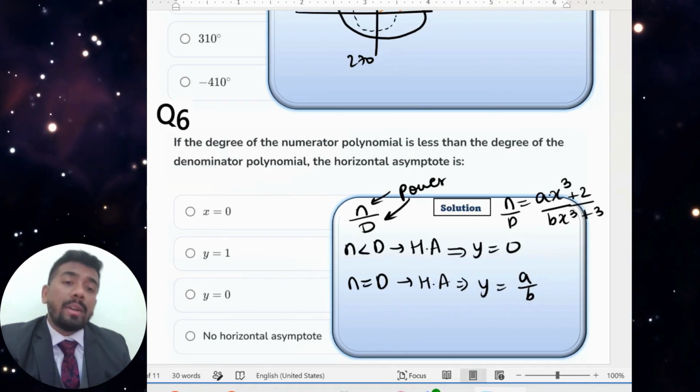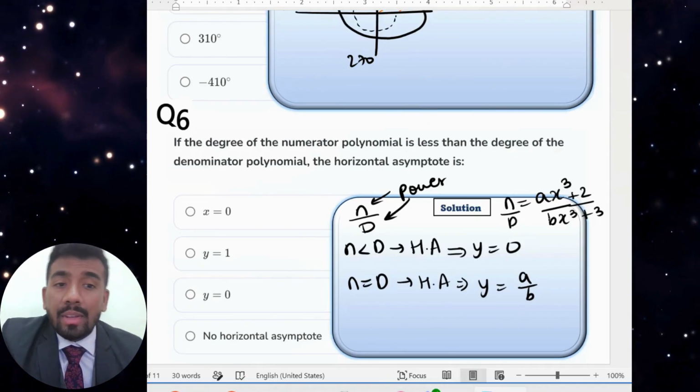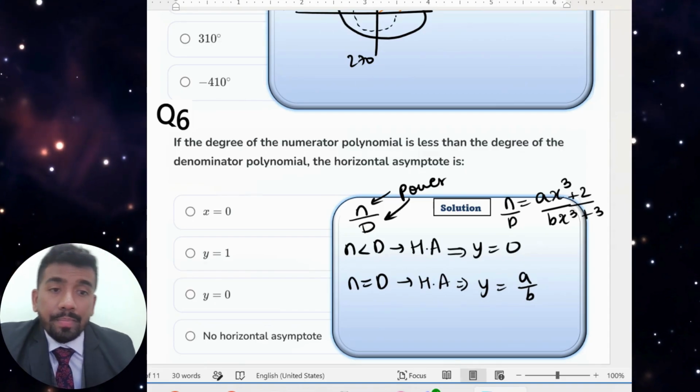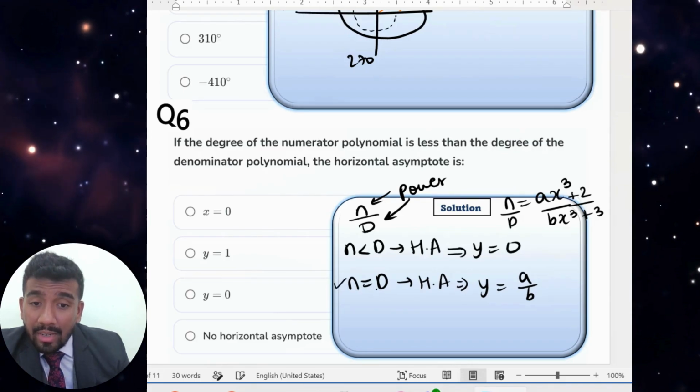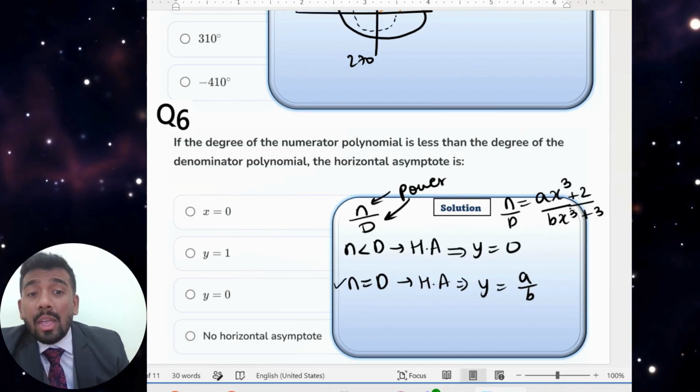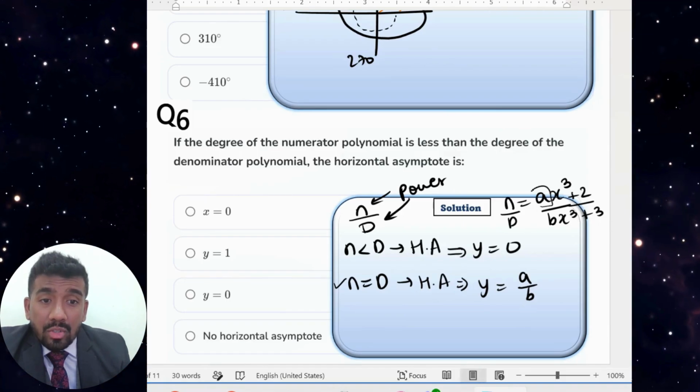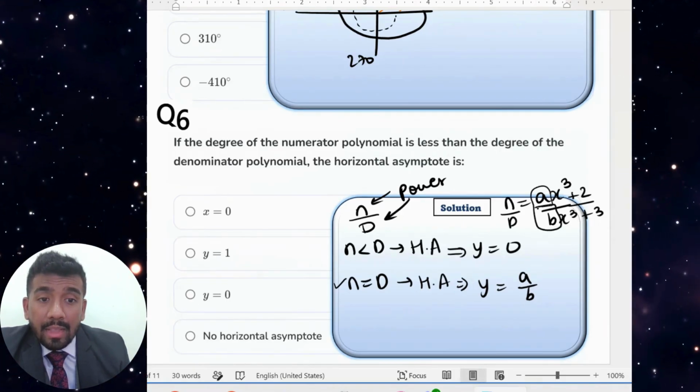Now you see, in the numerator the higher power is 3, and in the denominator the higher power is 3. Both powers are the same, so it comes into this criteria. And if it's the same, we have to take its coefficient. So a over b, that will be the answer.